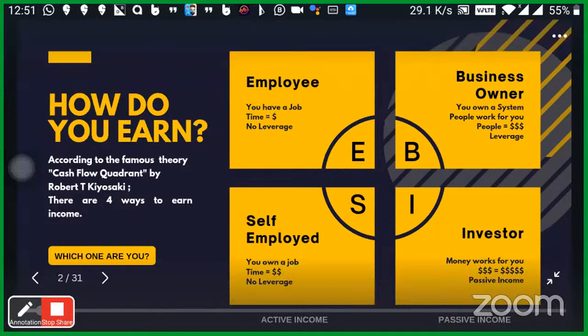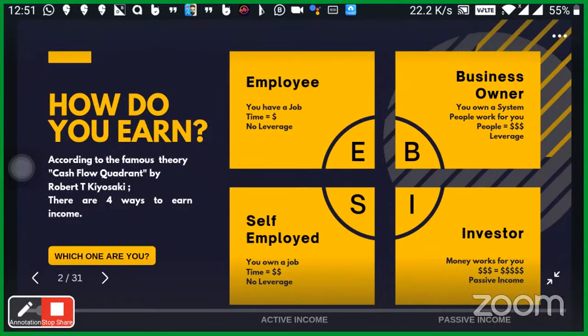But if we divide all the people in the world into these four categories that you see on the screen, then you will agree that even you who are listening to me right now must fall into any of these four categories.